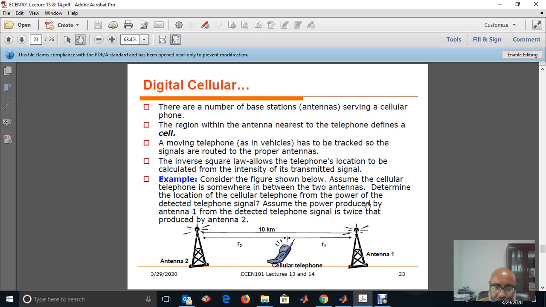Assume the power produced by antenna 1 is twice that produced by antenna 2. So the received power at this telephone from antenna 1 is 2 times the received power from antenna 2. Determine R1 and R2, where the distance between the two antennas is 10 kilometers.